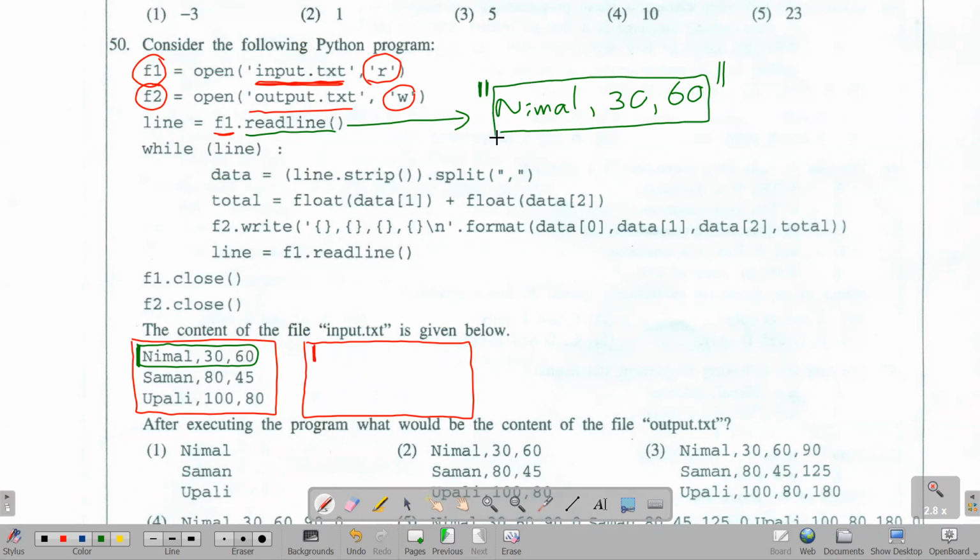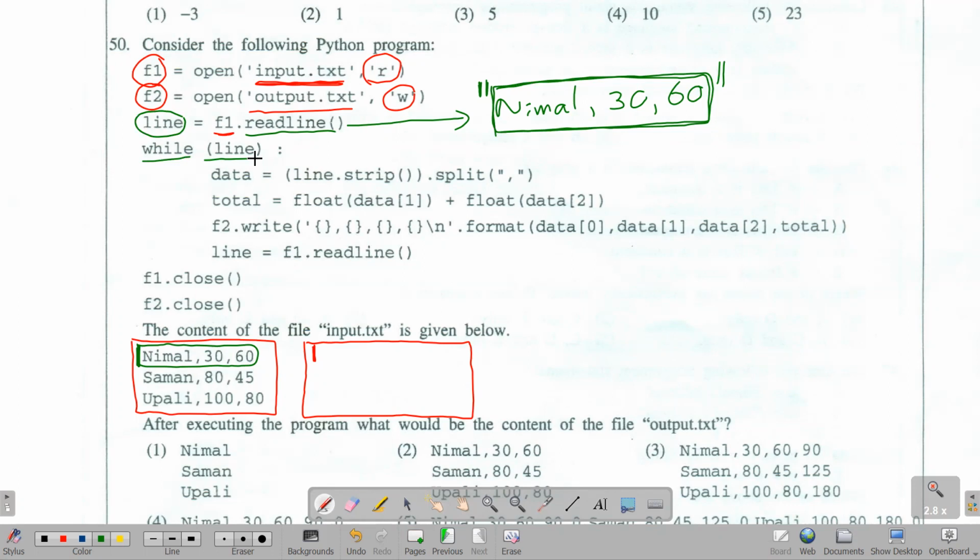Comma is not separating things, right? It's just one particular thing. Comma is also considered as a character inside that string. So that is what you call line. This particular variable contains this string now. Then a while structure is used and line is taken as the condition.